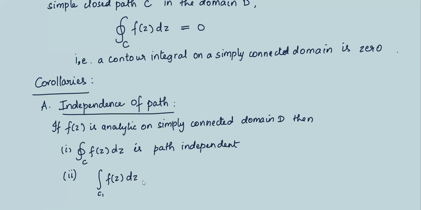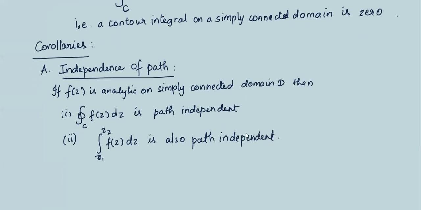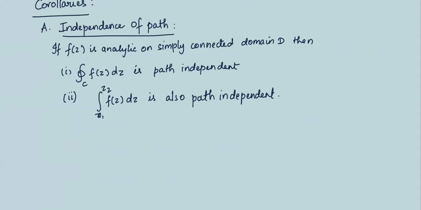Say the integral between two points, z1 and z2, is also path independent. The first part is very easy to understand. Let's say this is C1 and this is C2, all within the domain.